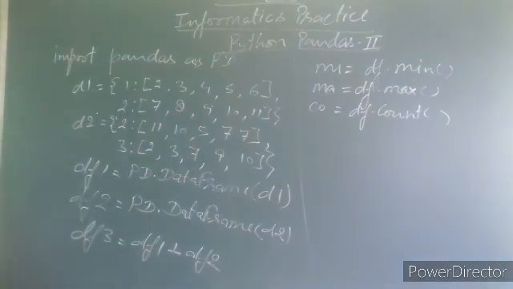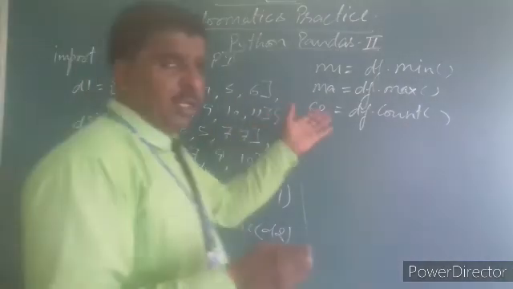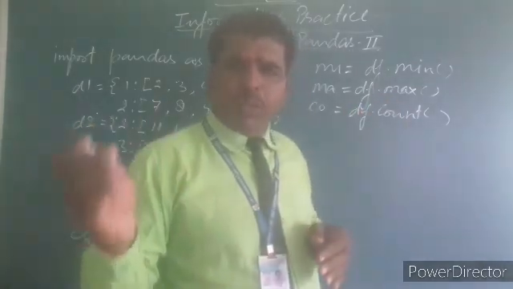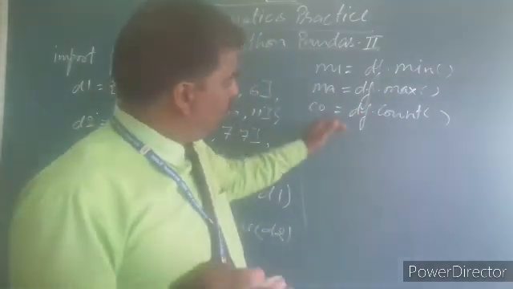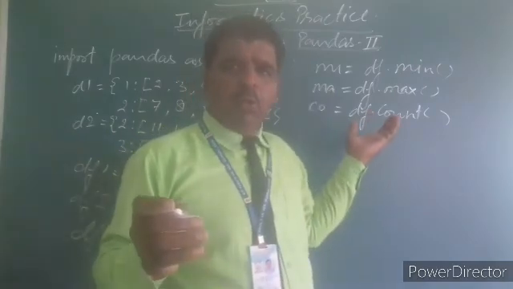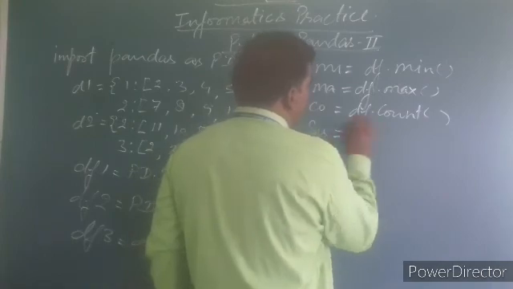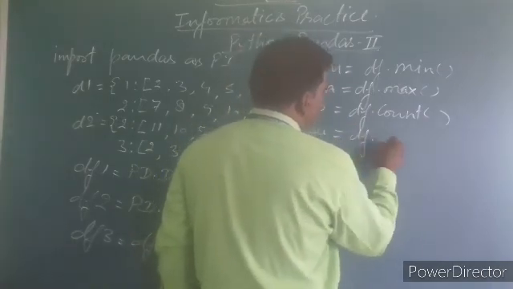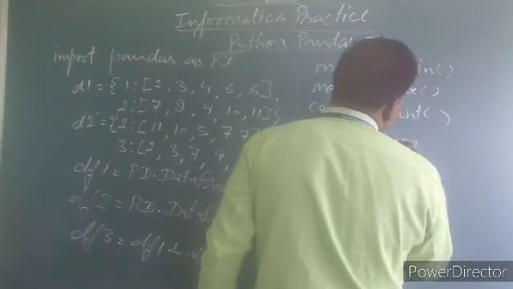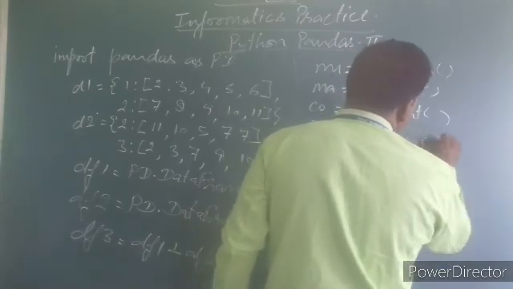We can check from which side we want to calculate, or up to which conditions it can be counted. Generally I am giving only this, that for counting this should be counted. One more thing, that is sum: su equals df dot sum.